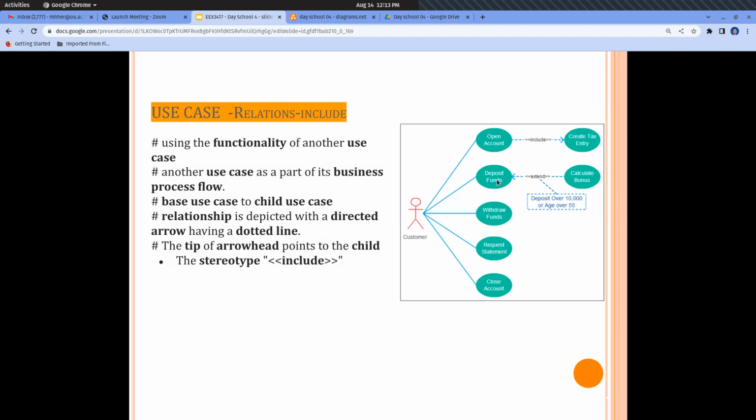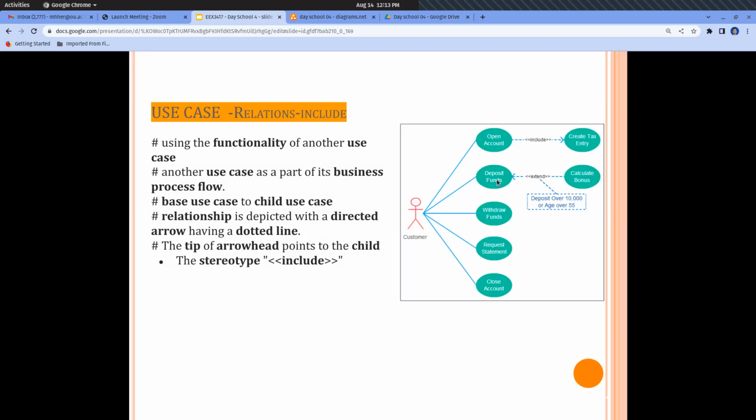Extend is optional. Sometimes when you deposit funds, a bonus may be calculated, sometimes not. It is optional. Deposit over 10,000 or age over 55: if these conditions are satisfied, the bonus calculation is done.